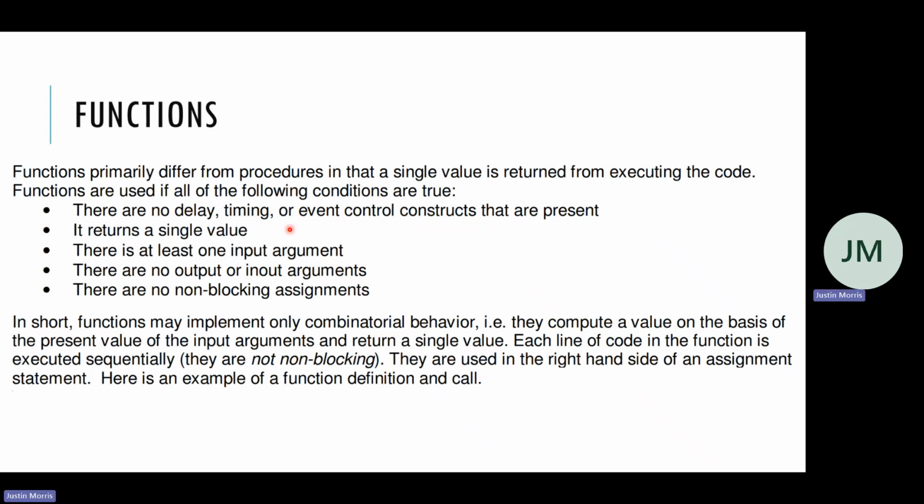So it's purely combinational. It returns a single value. It has to have at least one input argument. The procedure can have 0 input arguments, right? There are no outputs or in-out arguments because you only have that one defined output. And there are no non-blocking assignments. That goes back to it being purely combinational.